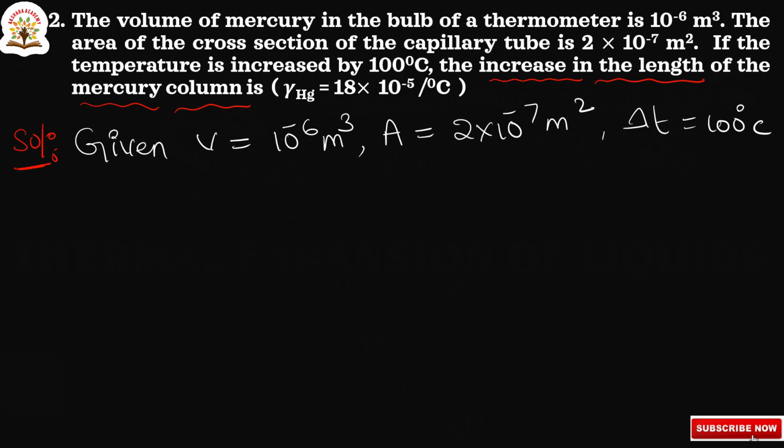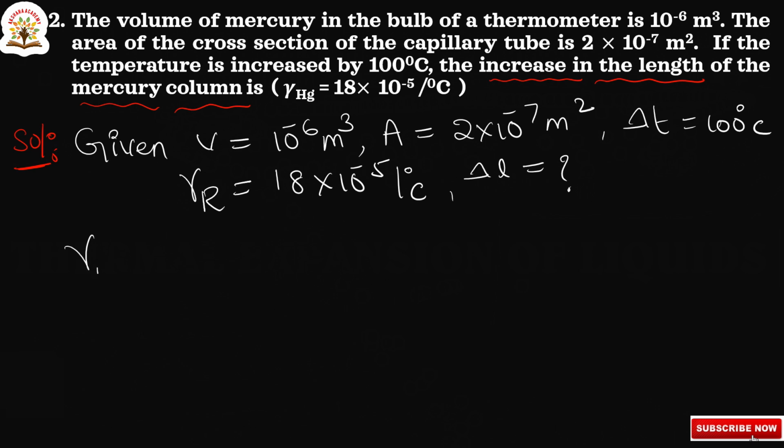Now gamma R is given as 18 into 10 to the power of minus 5 per degree centigrade. We have to calculate the change in length, that is delta L.